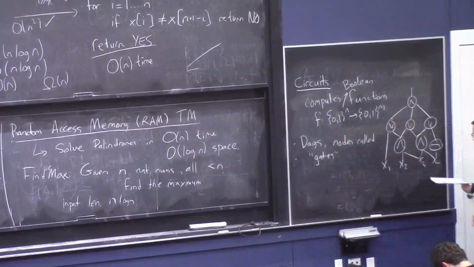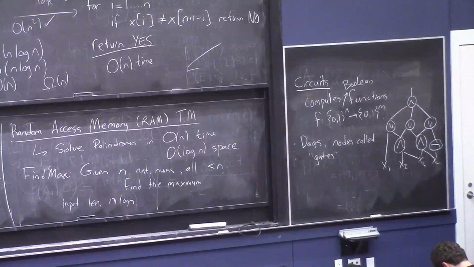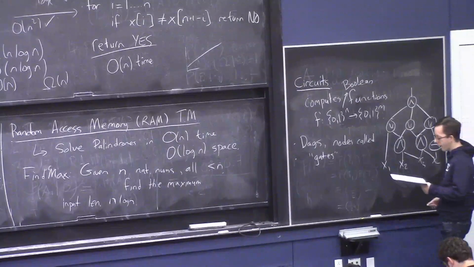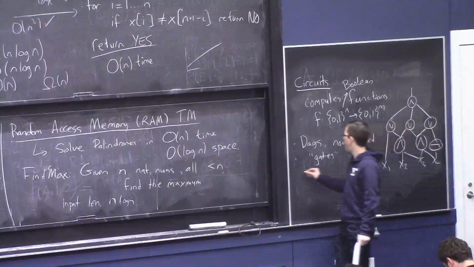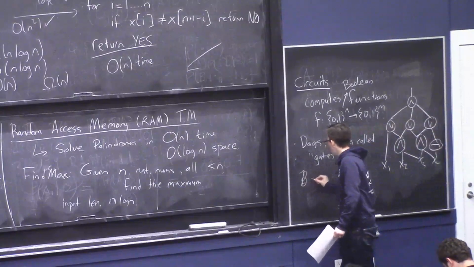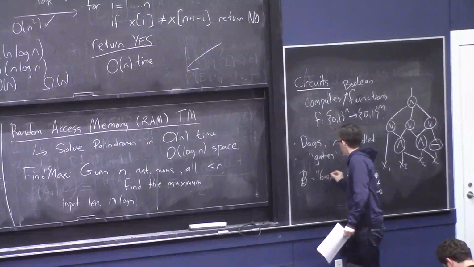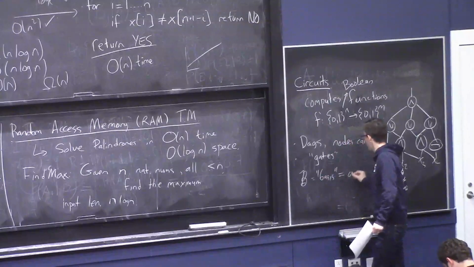When you're defining circuits, you have to decide what your allowed set of gates is. There are 2 or 3 reasonable choices, and neither is more correct than the other. So every time you start talking about circuits, if you want to be really careful, you have to specify what gate set you're allowed. Maybe one might write B for what's called the basis, which is the set of allowed gates.